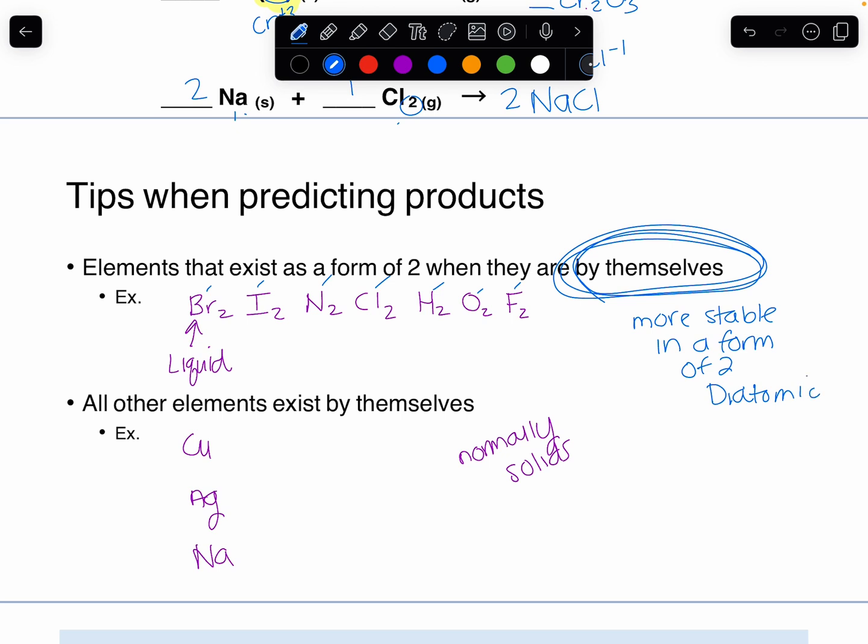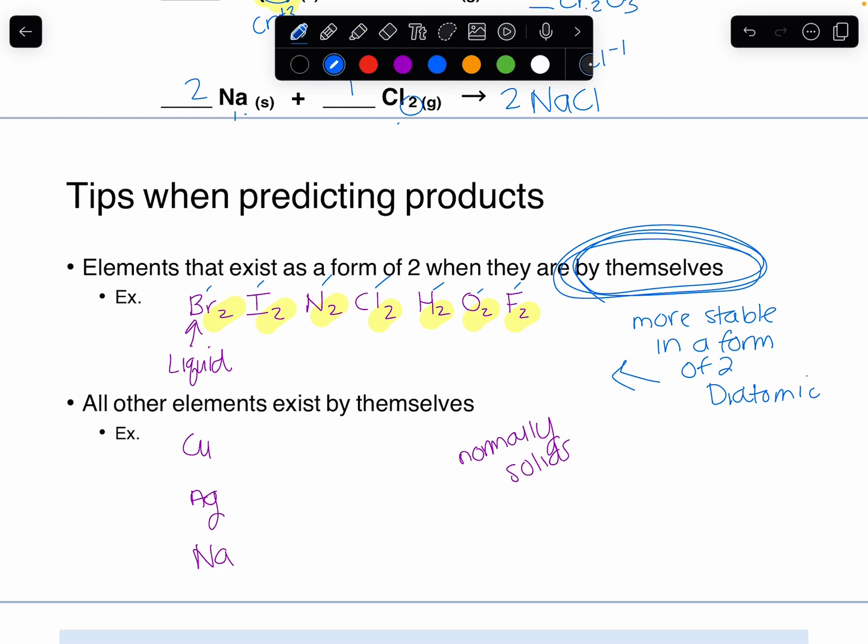Okay, these are diatomic elements. So if it is any of these and it is by itself, not in a compound, then you have to put the 2 here for all of these. Now, my little memory trick is called Brinkelhoff. It's a funky saying, but if you say that, Brinkelhoff, that helps you remember what elements need to be in a form of 2.